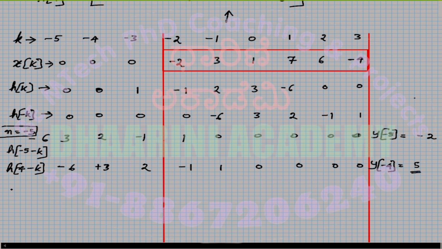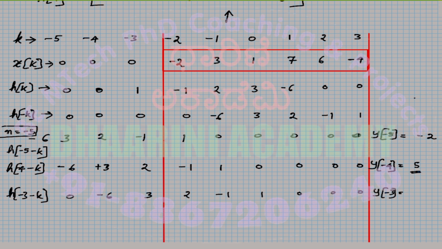Then make h of -3 minus k. So there is a 0, -6, +3, 2, -1, 1, followed by zeros. So you will be able to calculate y of minus 3. Right.